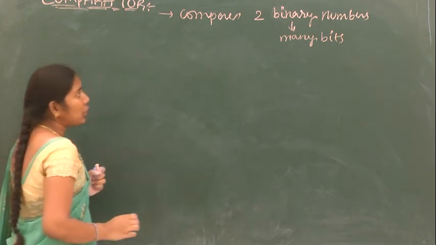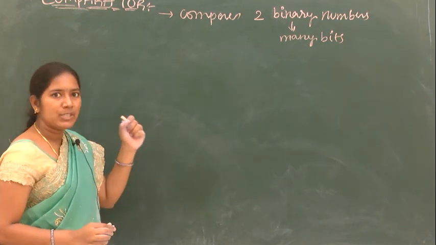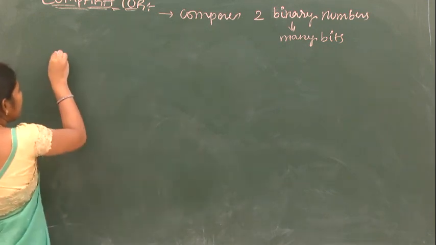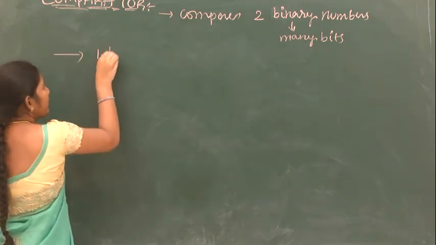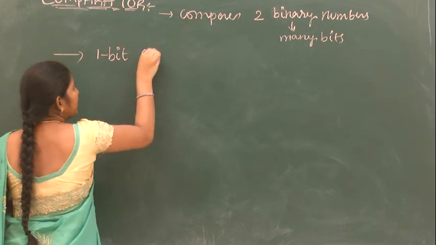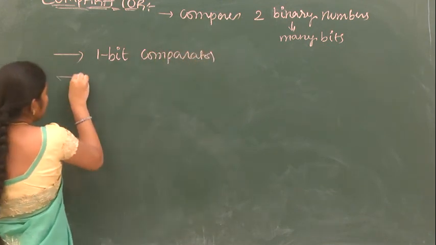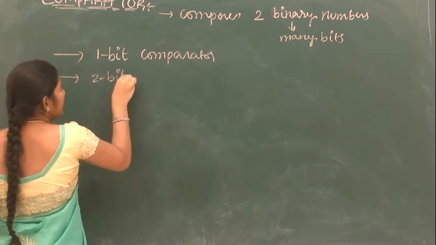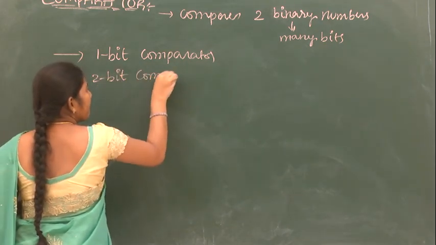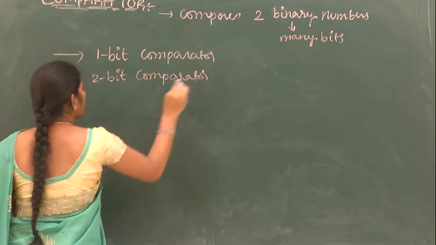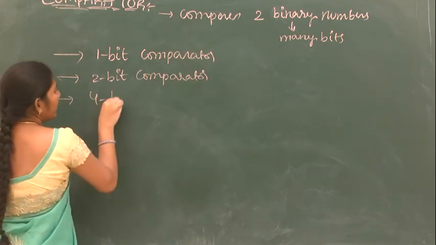But based on the bits in each binary number, this comparator is classified into 1-bit comparator, 2-bit comparator and 4-bit comparators.